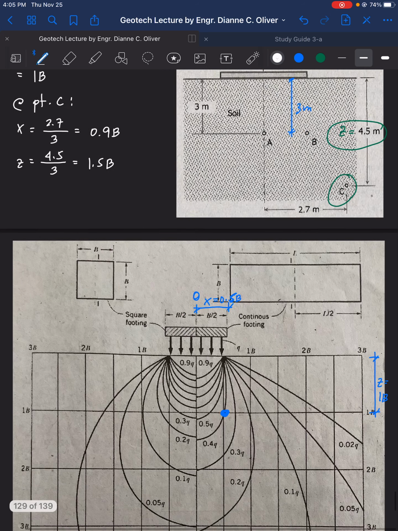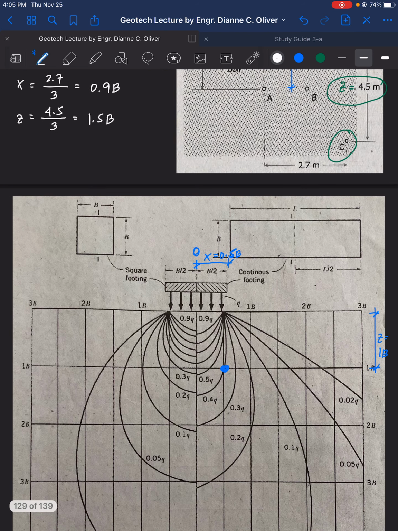Then let's plot that in the pressure isobars using the green color. For the x-axis, I forgot to put here, this is our z-axis and this is our x-axis.